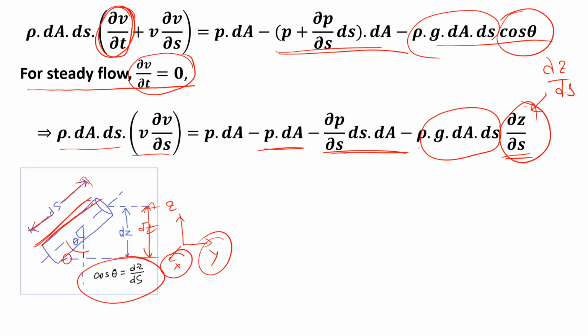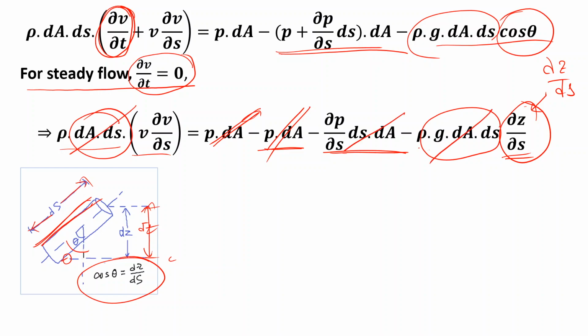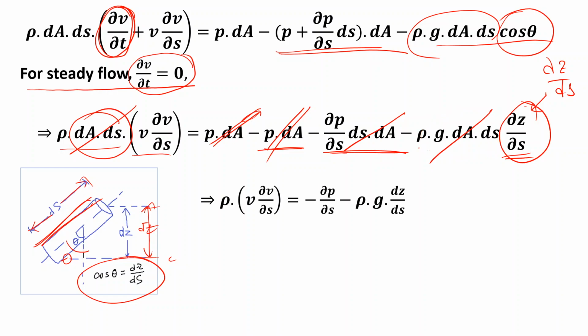Now here this term and this term get cancelled, and if we divide this whole equation by dA ds, then from all these terms this term gets cancelled and we are left with a much simplified equation like this.